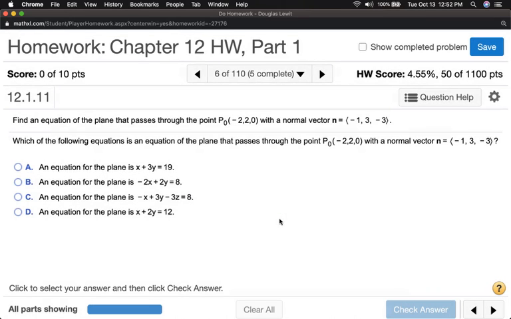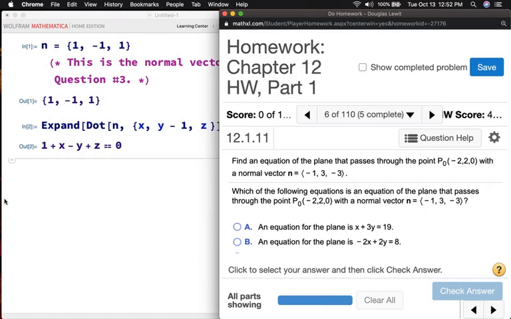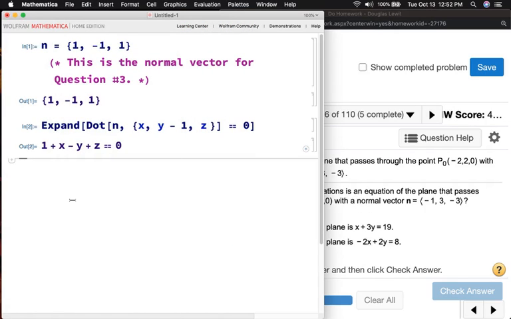Number 6. Find an equation of the plane that passes through the point -2, 2, 0 with a normal vector -1, 3, -3. Again, this should be pretty simple. Let's define a new normal vector.